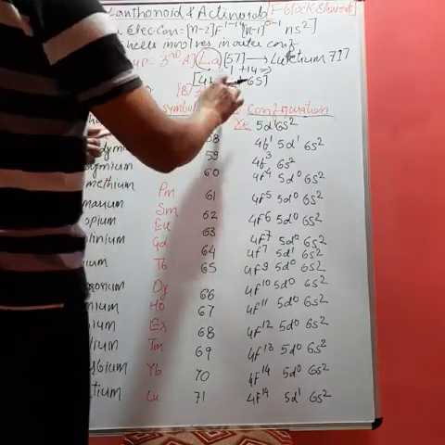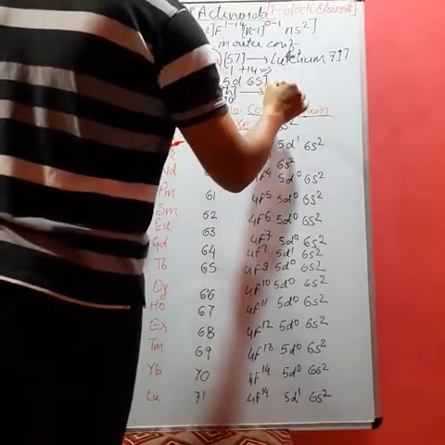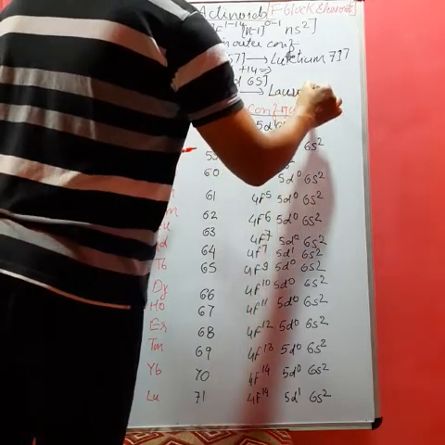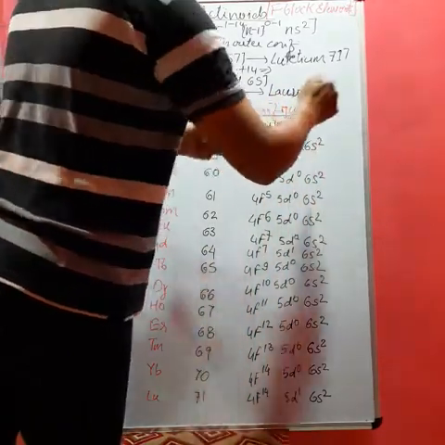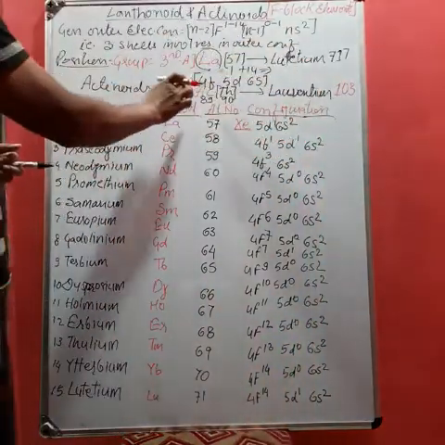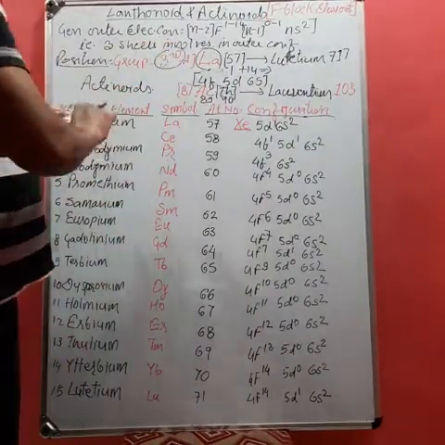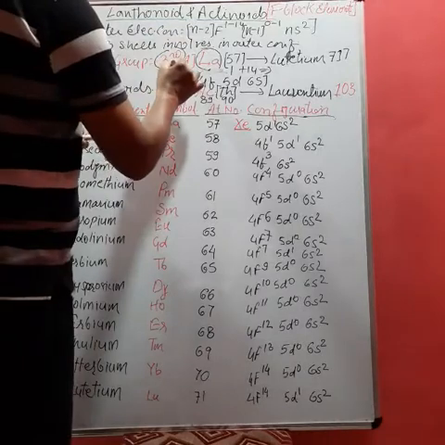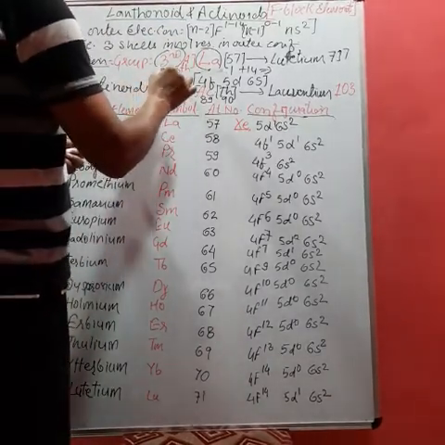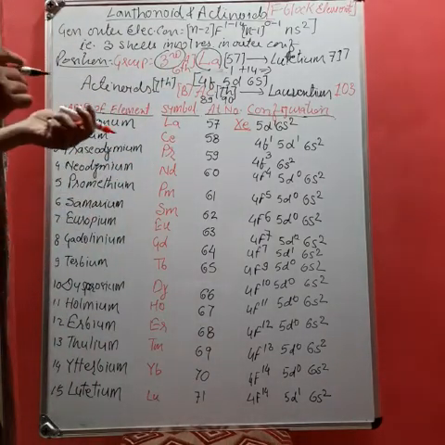Mainly this series is called actinides, thorium to lawrencium, whose atomic number is 103. So 14 more elements plus actinium, that is 15 elements, are placed in group number third. A belongs to period number 6th, while B belongs to period number 7th.